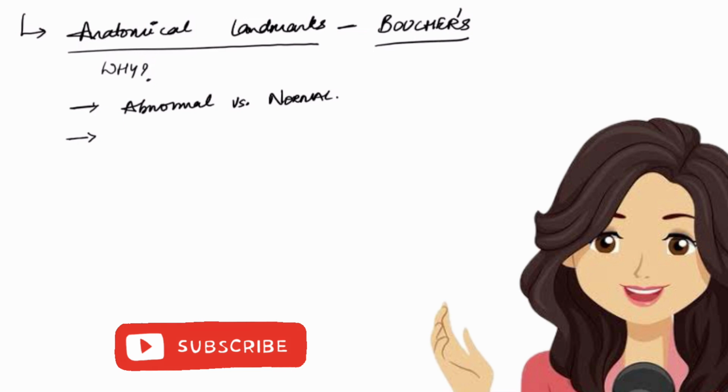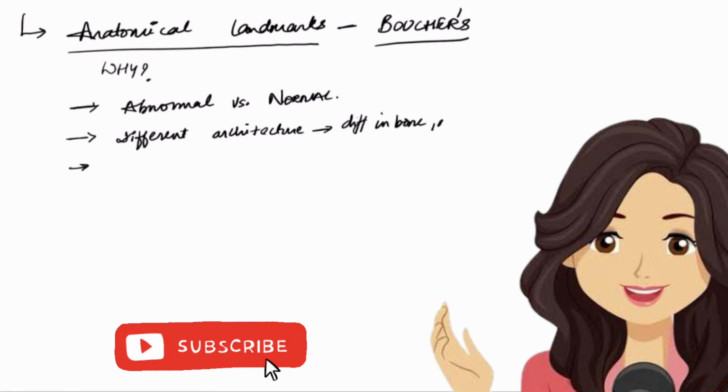The second important reason is to study the different architecture of structures present in the mouth. If you notice, there are various supporting, limiting, and relieving structures present in the mouth. All of them have different architecture because they are made of differences in bone as well as mucosa. Somewhere you will find non-keratinized mucosa, somewhere keratinized mucosa.